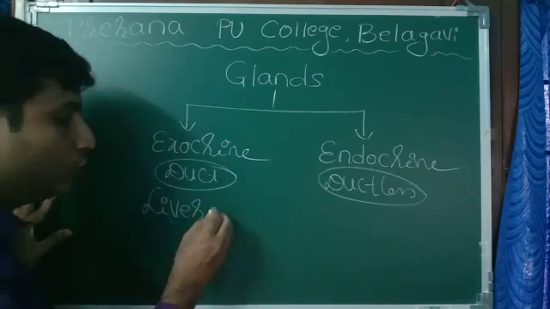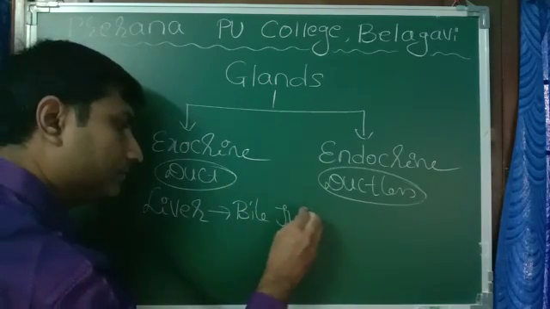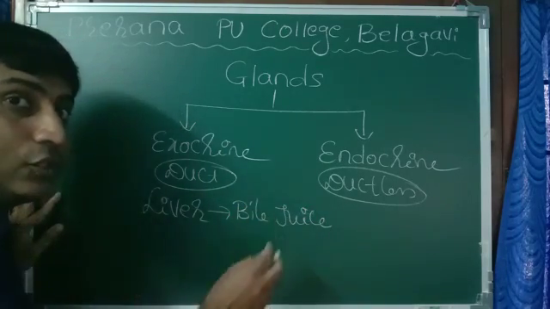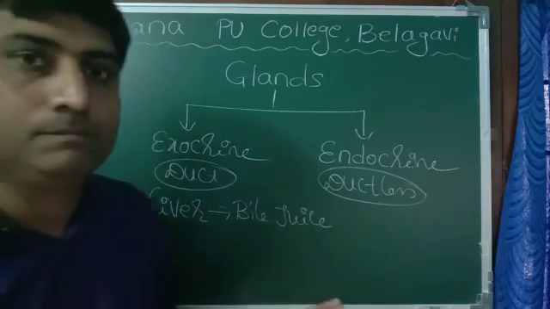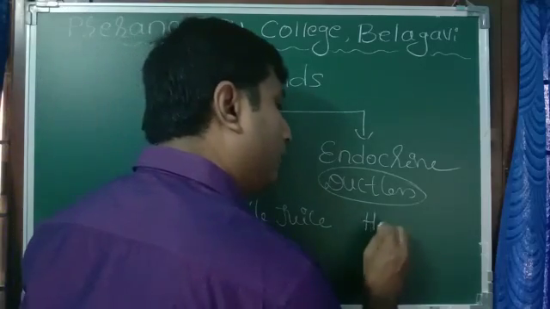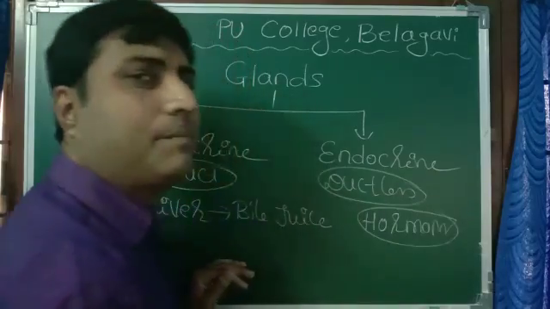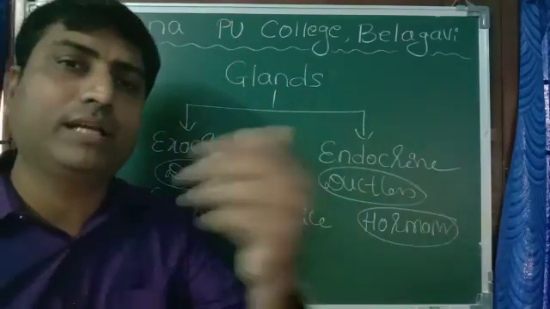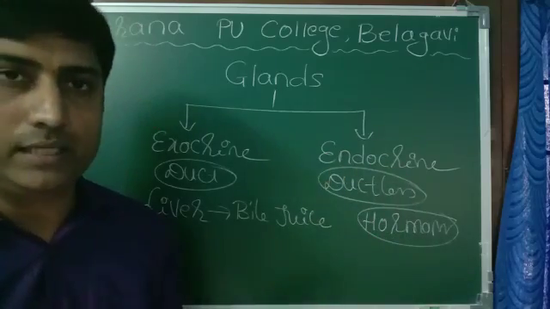Liver releases a juice called bile juice, which comes out through the bile duct. Endocrine glands are without duct and they always release hormones. Examples are thyroid gland, pituitary gland, adrenal gland.